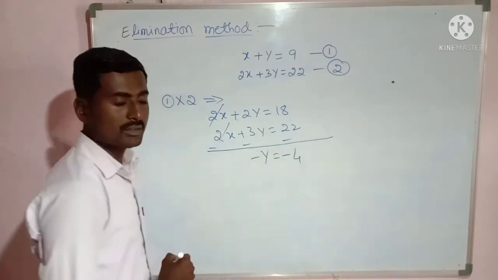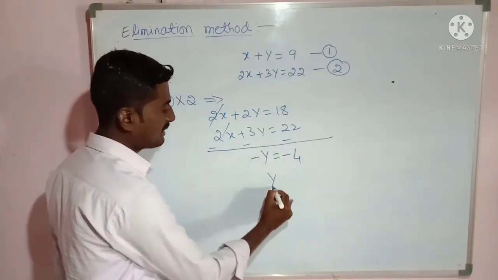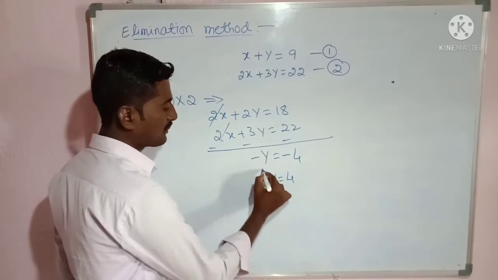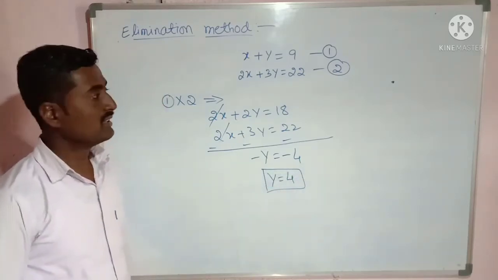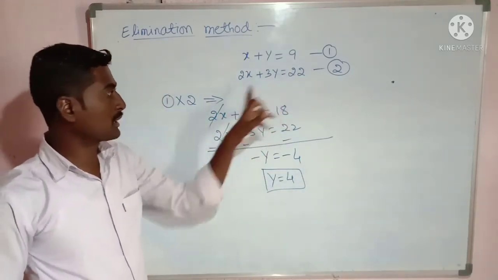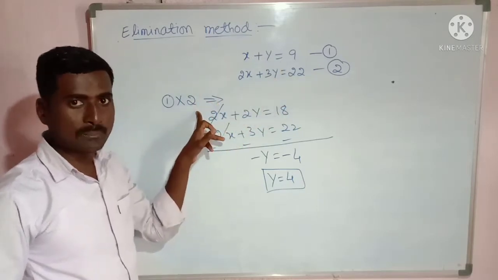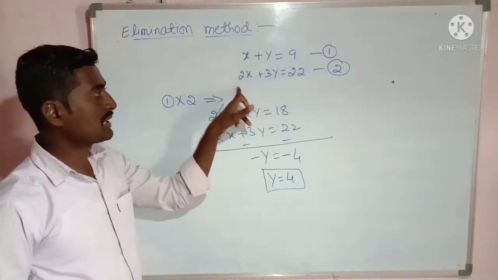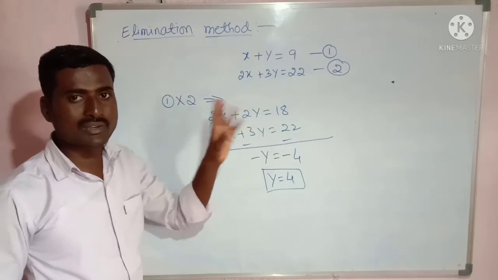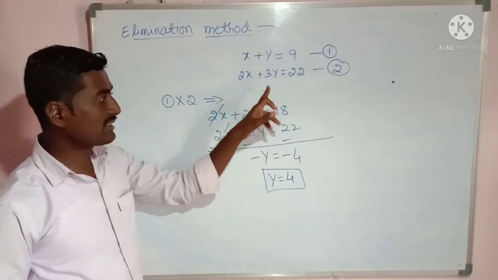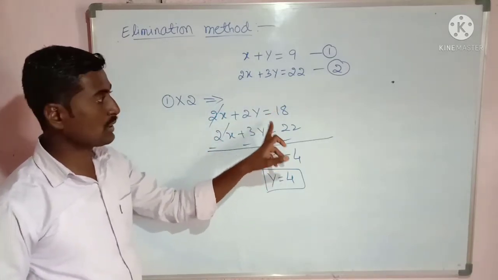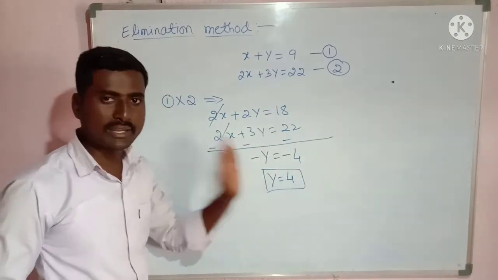Minus 4. So minus will get cancelled. We got y equal to 4. First I make equation number 1 multiplied by 2 to make the coefficient of x the same in those two equations. After that I subtract these two equations, then I'll get the value of y.